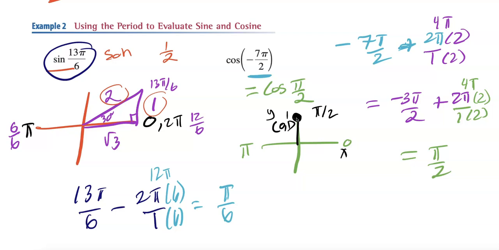We're going up. Now you have to remember sine and cosine: sine's the y, cosine must be the x. So cosine's the x value here, which is 0. So cosine of -10 pi over 2 is the same thing as cosine of pi over 2, which is just 0, because it landed on the unit circle and the x value was 0.